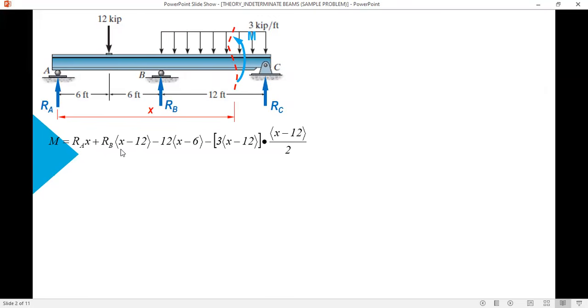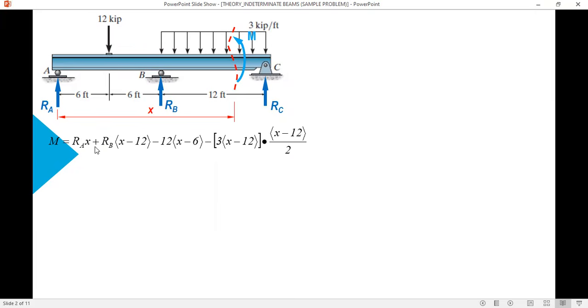When we use the Macaulay bracket function, instead of parentheses, we replace them with pointed brackets. The meaning of this is, if the value inside the pointed bracket is negative or 0, then we neglect the term, like when x is 6 or 10 or 9, we neglect this term.